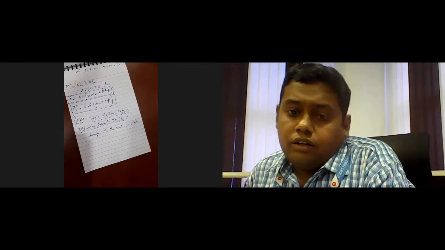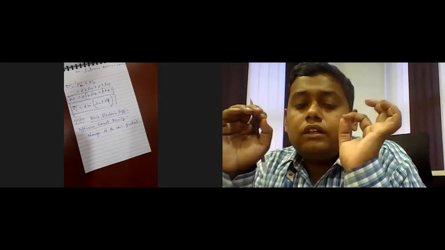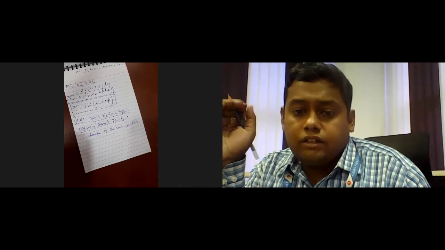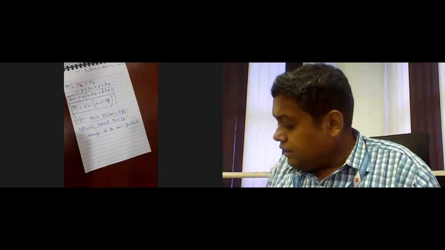So how does diffusion occur? Diffusion occurs when the fluid or the element moves from the higher concentration region to the lower concentration region, maintaining a concentration gradient.